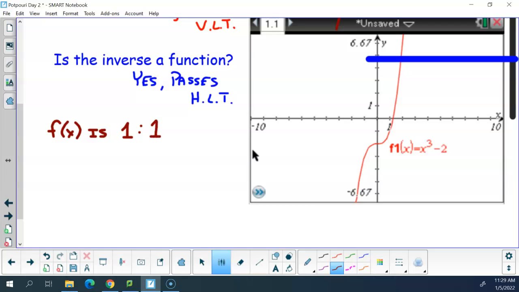So now let's find what the inverse is. Again, we started with f(x) equals x cubed minus 2. We're going to substitute that y in for f(x).